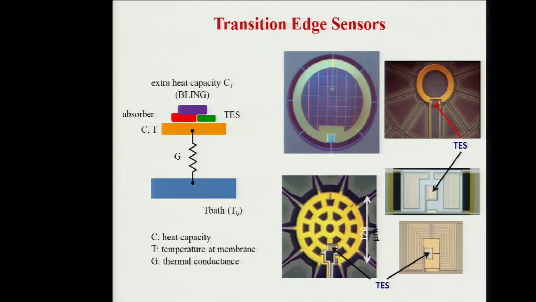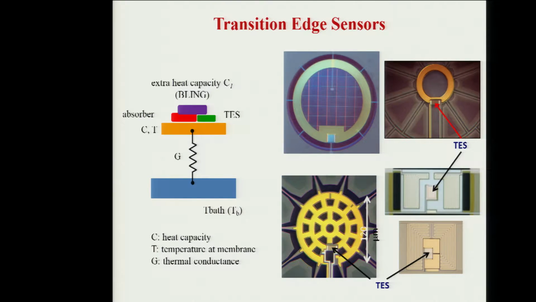You notice there's something I call bling. It's because for cosmology measurements, we actually want them to be slow, and the TES itself is really fast. So to slow them down, you put extra heat capacity on top of it. We call that bling, because the original design looked like jewelry.